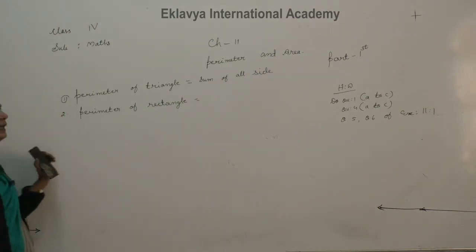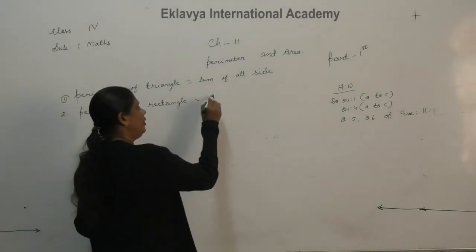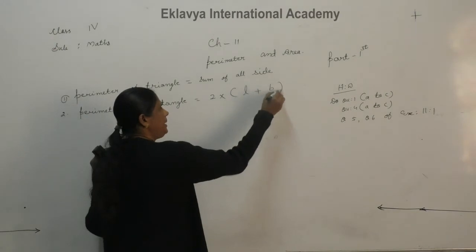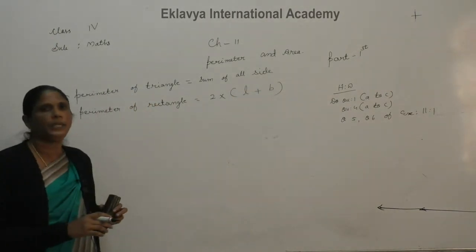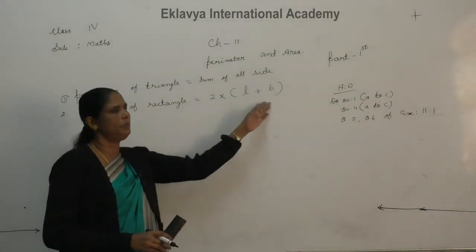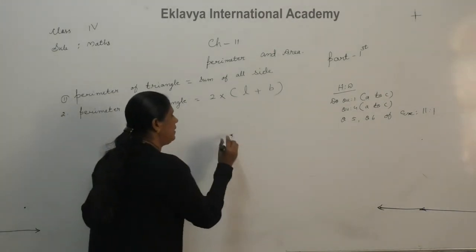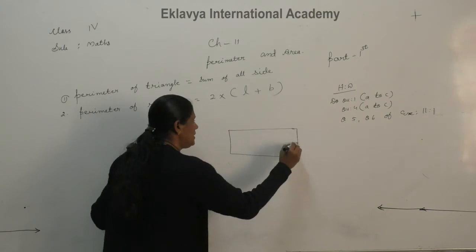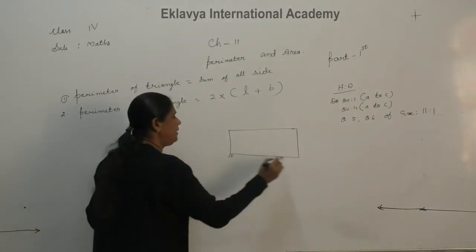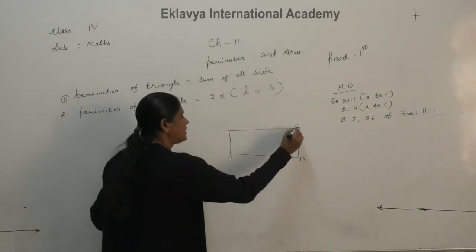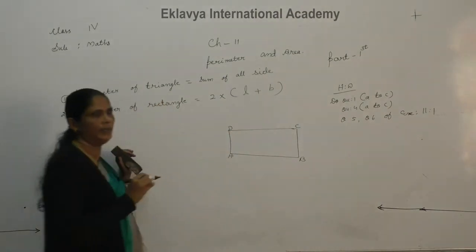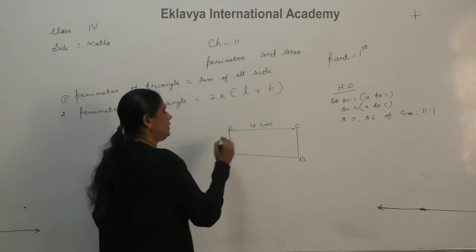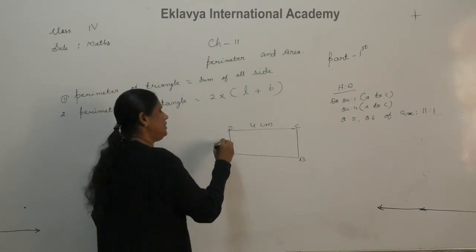Perimeter of rectangle is equal to 2 multiply L plus B. This is a rectangle ABCD. Then 2 multiply, here 4 centimeter, here 2 centimeter.